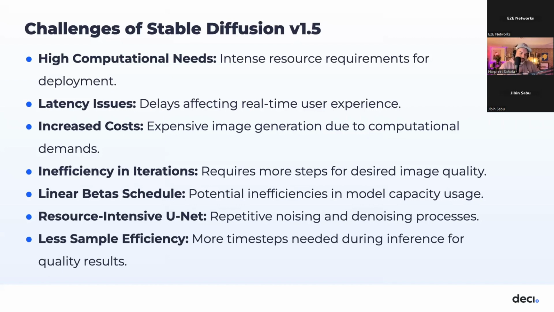Well, we'll talk about the noise scheduling, but it's just an inefficient way to schedule noising. But then also the UNet that they use is very resource intensive. And so these two combined really compound the inefficiencies of the model. Also, again, it's sample inefficient. So it means that you need more time steps during inference to achieve good quality results.